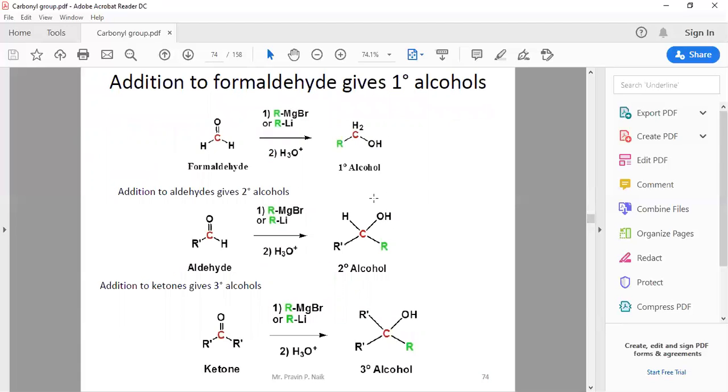So as we have seen in case of Grignard reagent, when we are using formaldehyde with Grignard reagent or organometallic compound, it gives primary alcohol. Then when we are reacting aldehydes with Grignard reagent or organometallic compound, it gives secondary alcohol, and ketone gives tertiary alcohol.